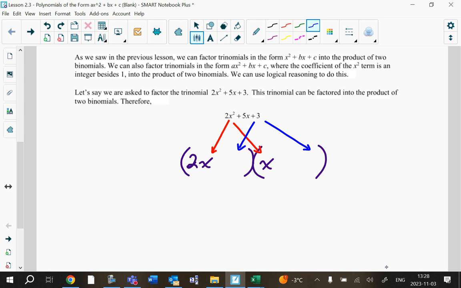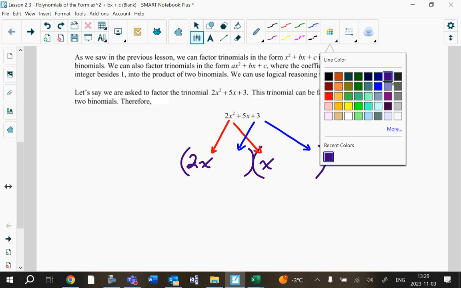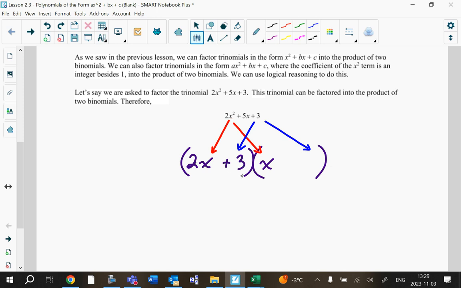Both plus? Yes, both plus. So right now, if I were to multiply this out, this would work and this would work. But I don't know if the middle works. How do I check to see if the middle works? That's when I do what I call a rainbow.